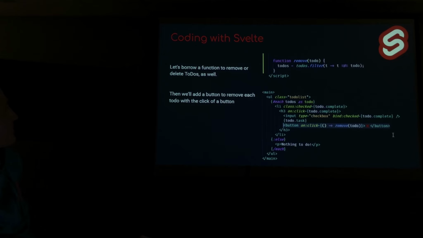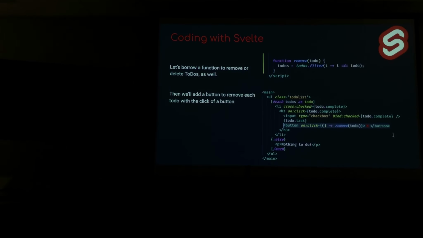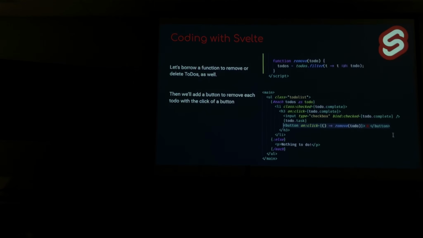So now we're gonna borrow another function to remove the things that we're done with. So we'll go in, we'll add a button, and we'll have to put that button into our each clause. So we want that button there for each to-do.